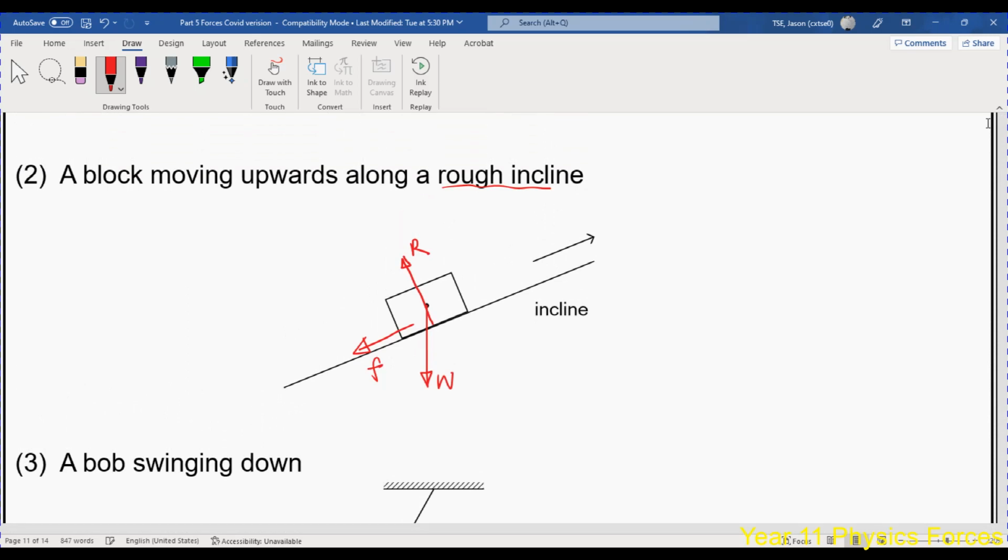It's moving upwards, but it doesn't say whether it's pulled upward or dragged upwards. It just says moving upwards. It could be that you projected it initially, and it's midway through its journey going up. That means it doesn't require an upward force along the whole path, right?